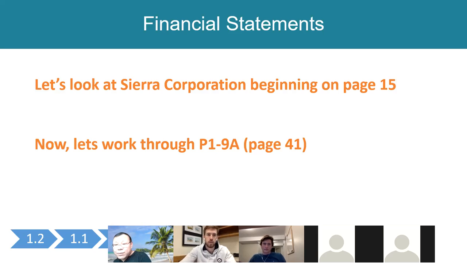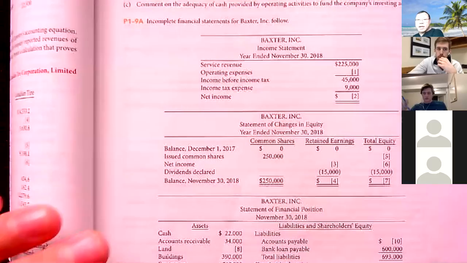Page 41 and problem 1-9A. So that's this problem.